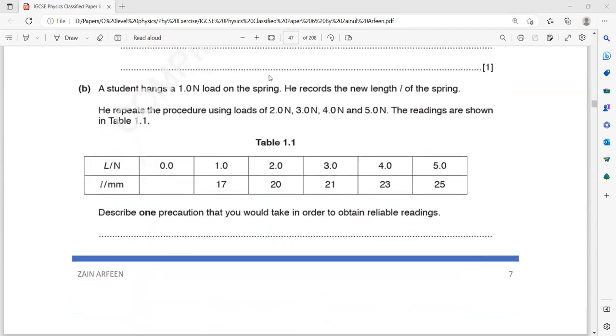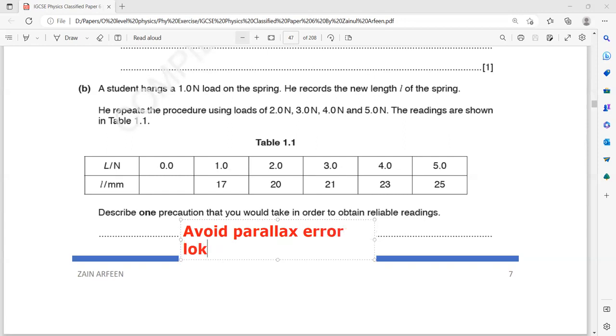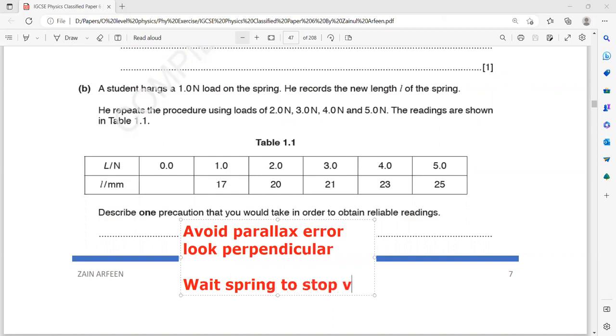So what precaution we can take? You can mention avoid parallax error, look perpendicular. And the second thing you can do is wait for the spring to settle down or stop vibrating before taking the measurement.